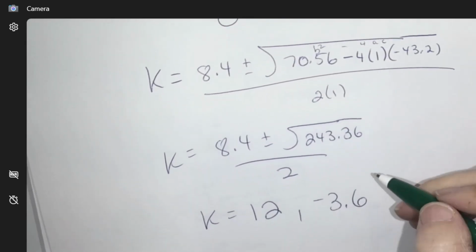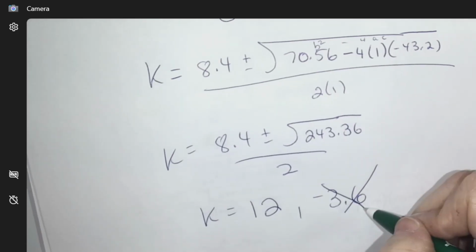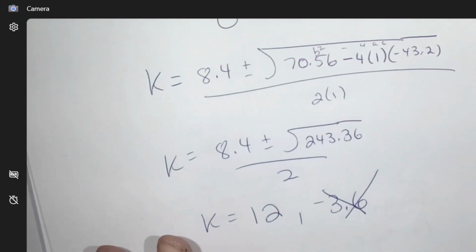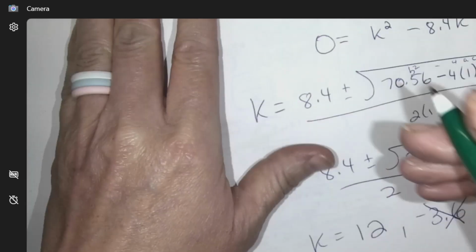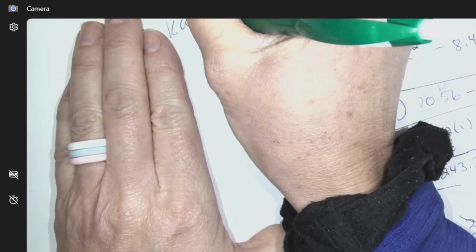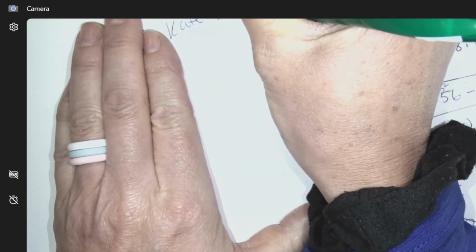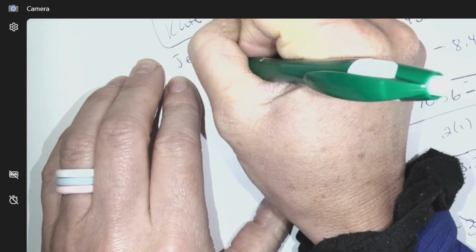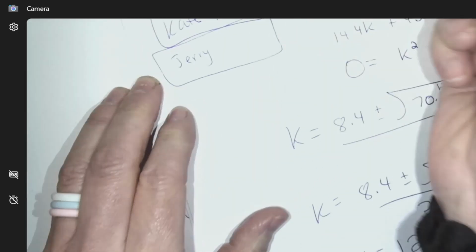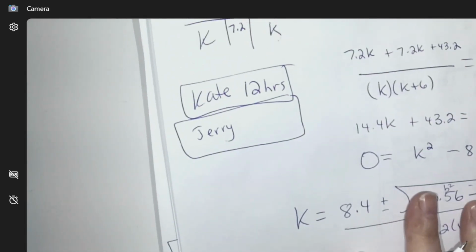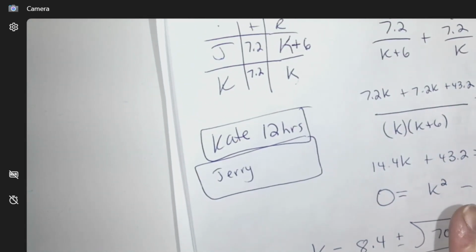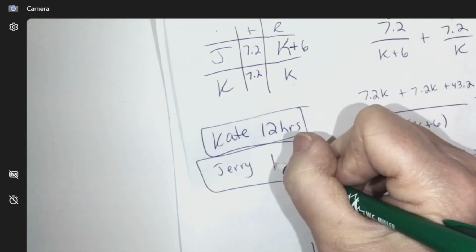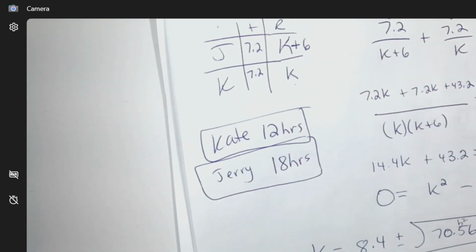Okay, guess what I'm going to do? I'm going to cross this one off because Kate can't take negative 3.6 hours to do her job. So Kate is 12 hours alone, which means that Jerry is, and then you just got to go back and figure that out, 6 more. So he would take 18.